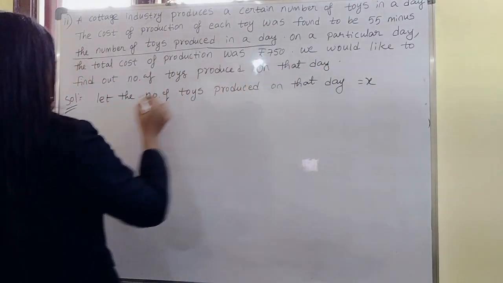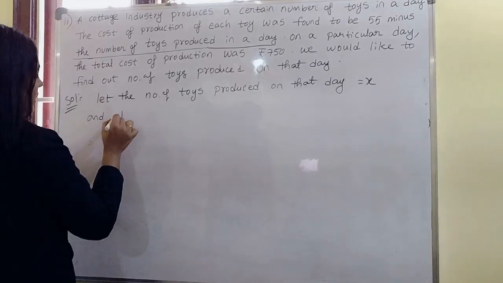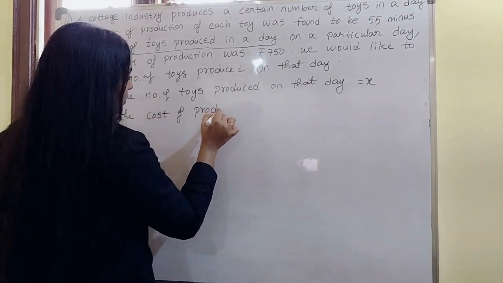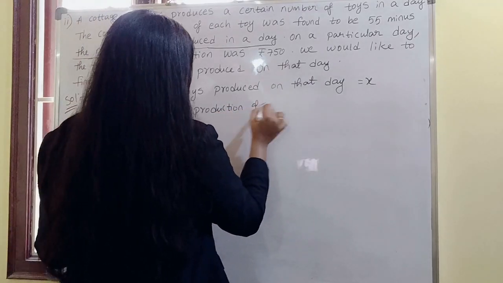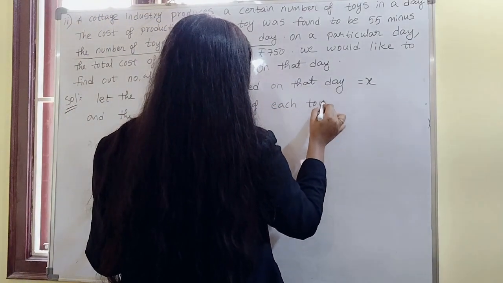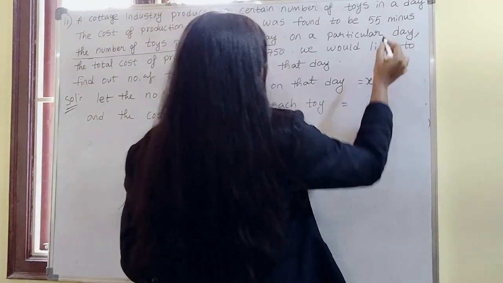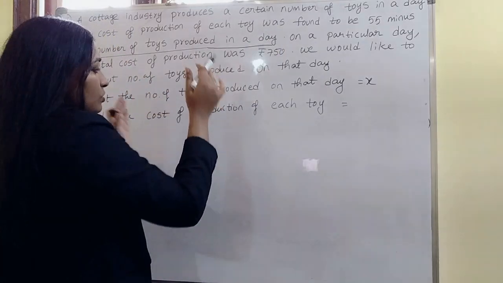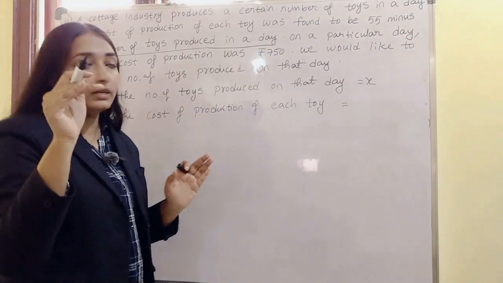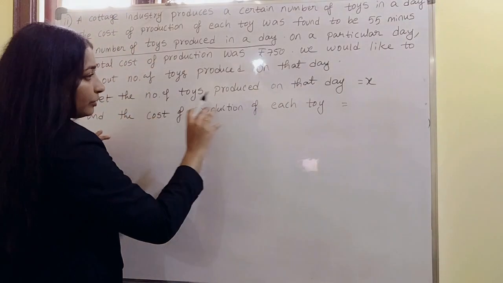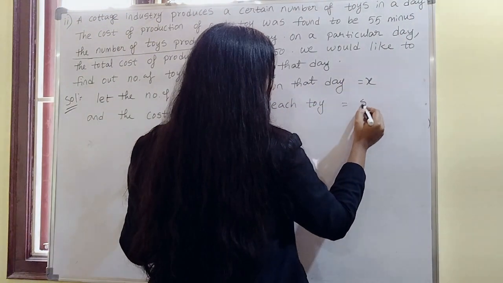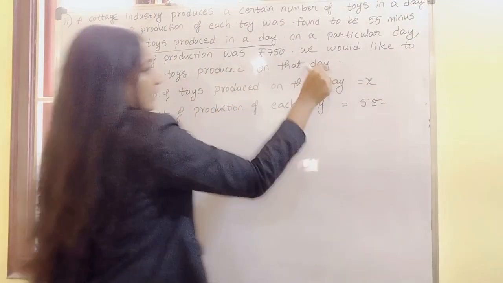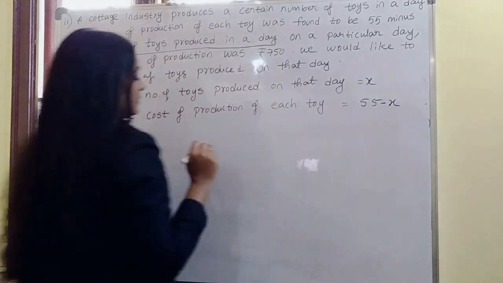Okay, and the cost of production of each toy on that day, he is given, right, 55 minus the number of toys produced on that day. So the number of toys produced on that day is x. Then the cost of production of each toy on that day would be 55 minus the number of toys produced on that day, x. So 55 minus x. Is it clear?